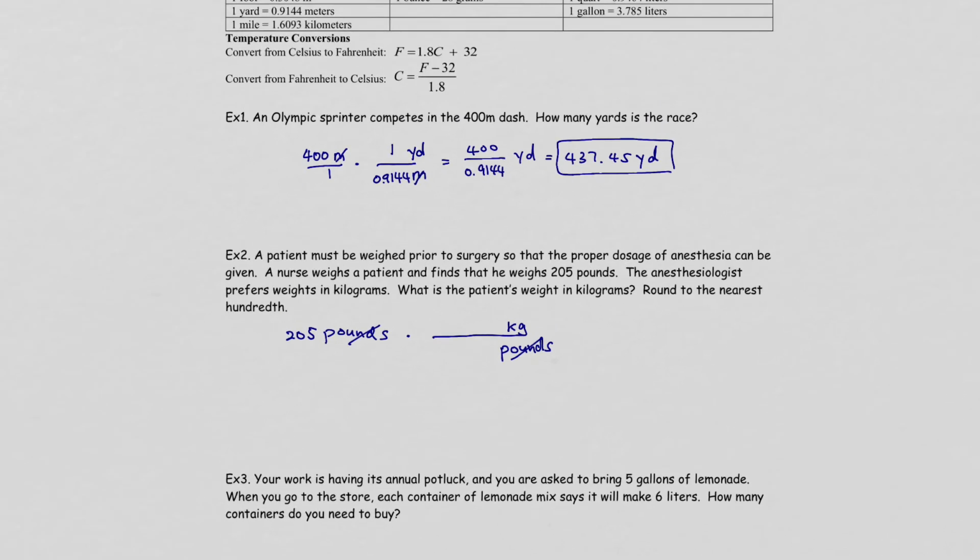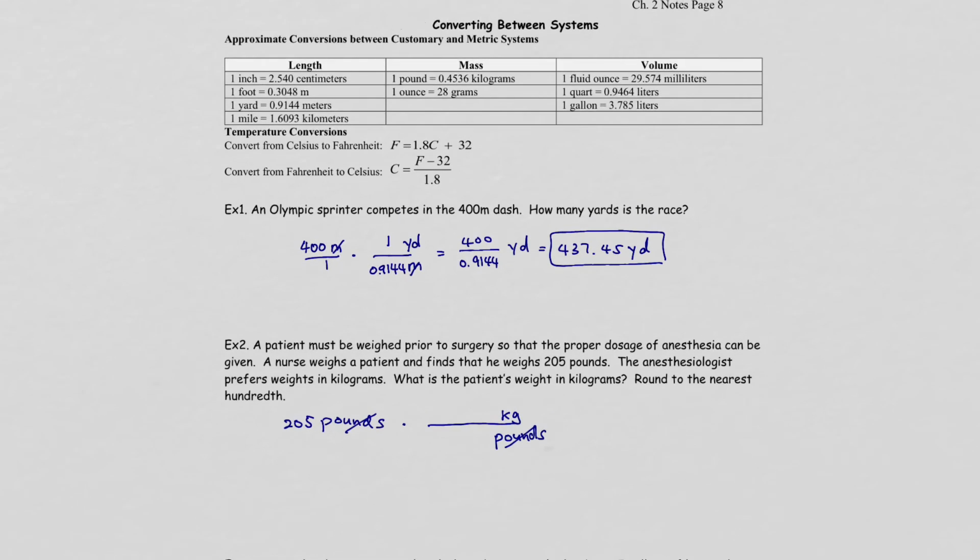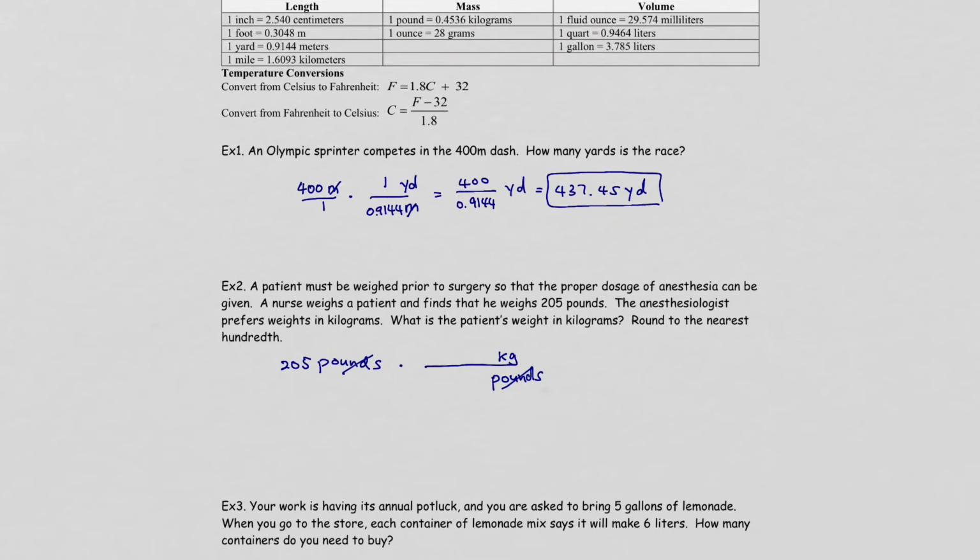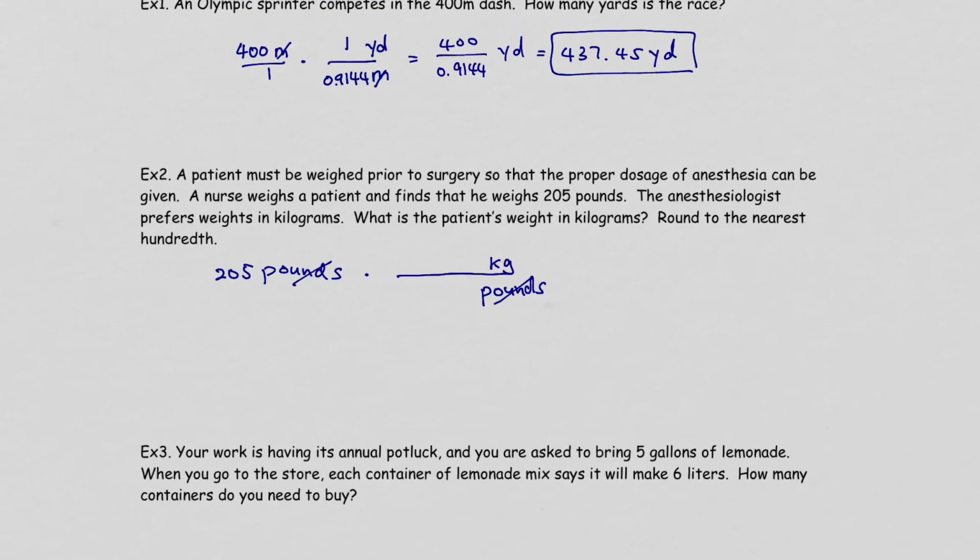So let's go back to our table. Pounds to kilograms is right here, weight or mass. That's the unit you're going to write. That gives you 0.4536 kilograms in 1 pound.